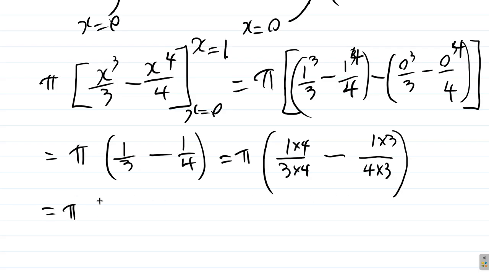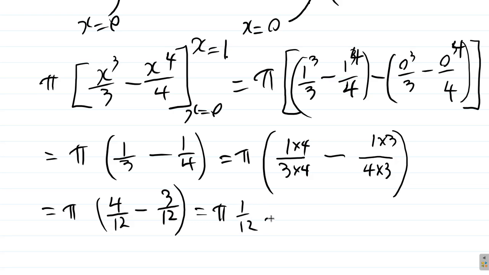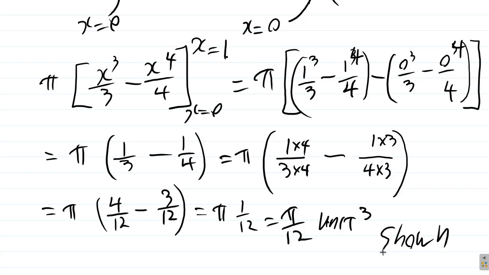So we have pi times 4 over 12 minus 3 over 12. Equal pi times 4 minus 3 is 1. So 4/12 minus 3/12 is 1/12, which is pi divided by 12 cubic units. Alright, so that's what we get. So you can write that this is shown.